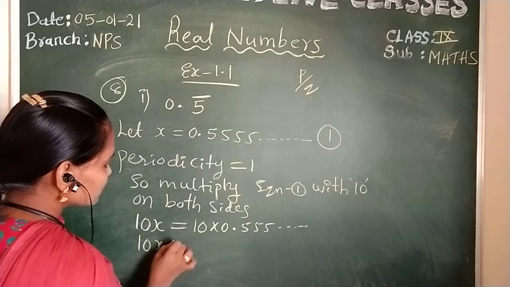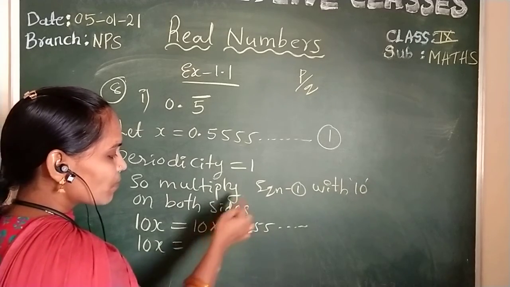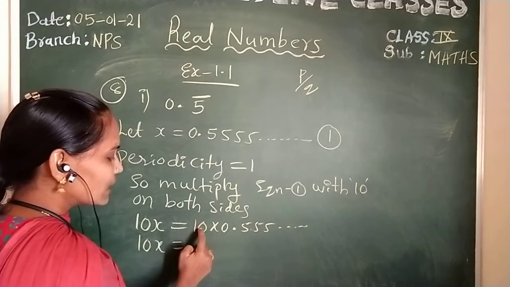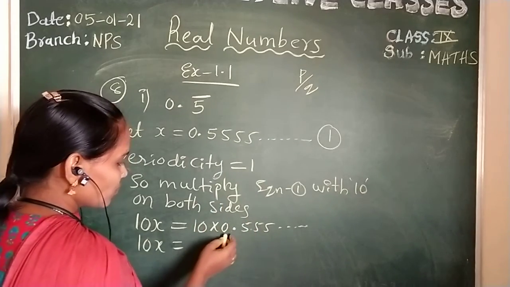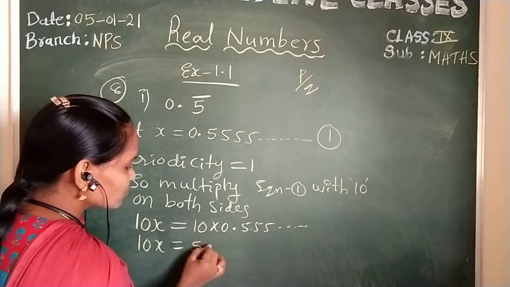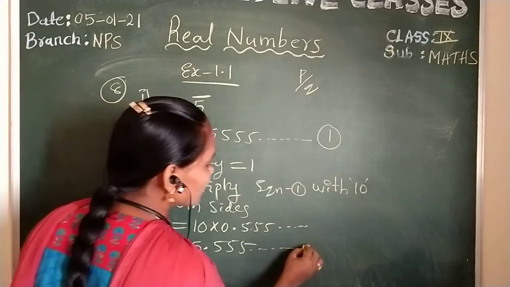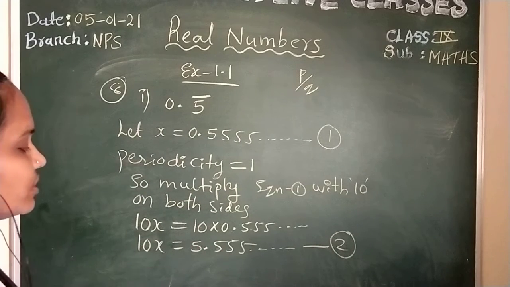If you multiply with 10, the decimal point moves 1 digit to the right. If you multiply with 100, it moves 2 digits to the right. So after 1 digit we should take the decimal point. Let us call this equation 2.